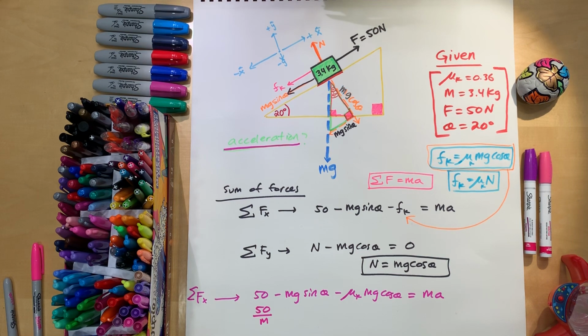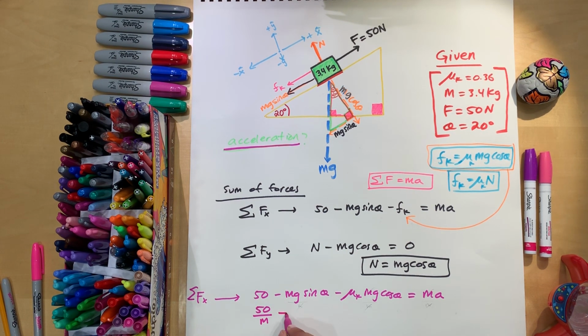So another algebra move, I think I might just do this in one step because of the lack of room. If I divide out m, I'm going to divide it here, here, and here. This is going to cancel with that one, and this one's going to cancel. So there's no more m's except for under the 50, because the 50 didn't have an m to cancel it out.